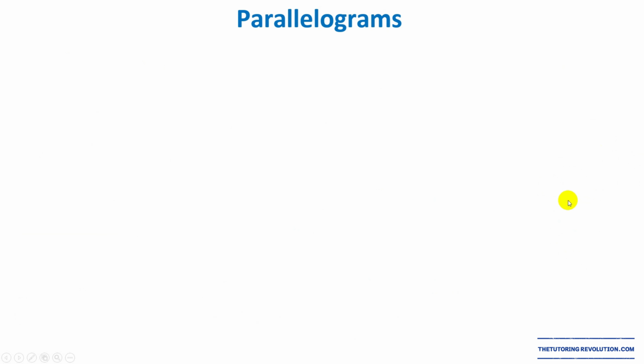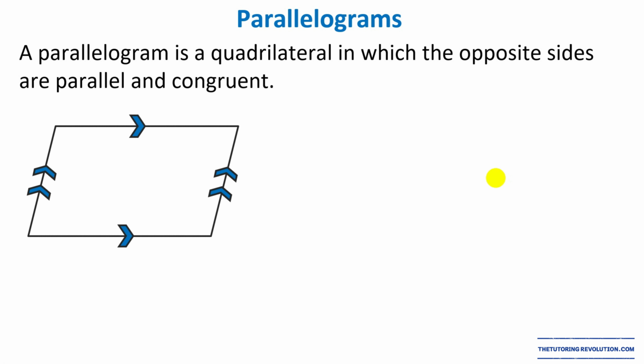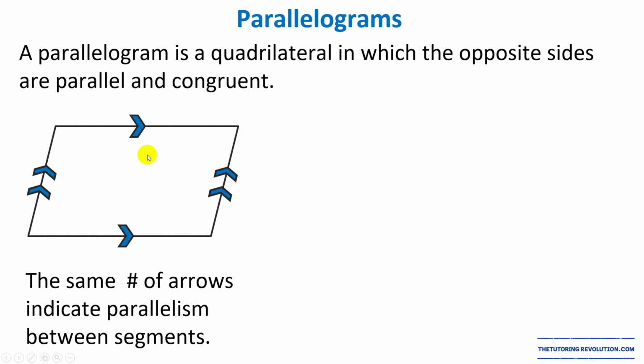Now let's focus on parallelograms. A parallelogram is a quadrilateral in which the opposite sides are parallel and congruent. Here, the same number of arrows indicate parallelism between segments.